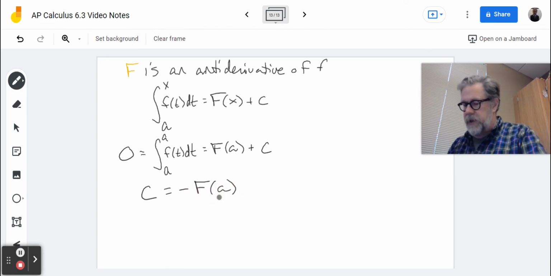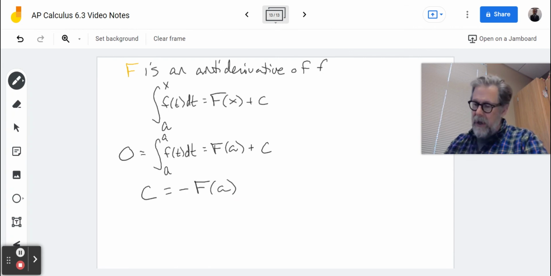Let me back up just a second. We all comfortable that that's equal to 0 because the width of our interval is 0, which means that the area must also be 0. All right.